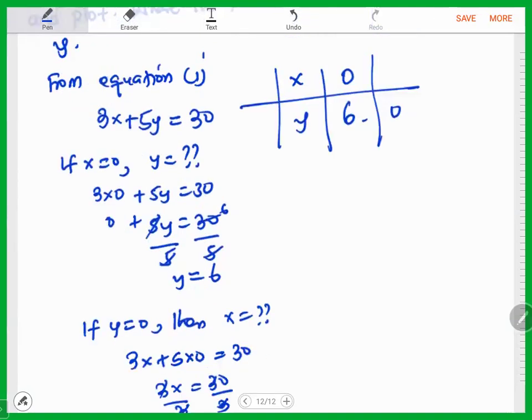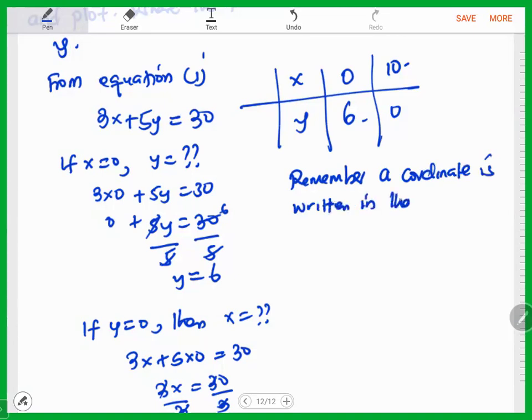Remember, a coordinate is written in the form of x, y. So in this case, x first and y second.